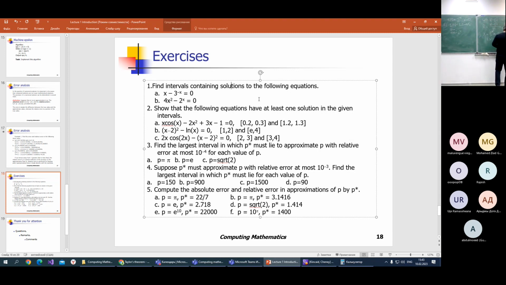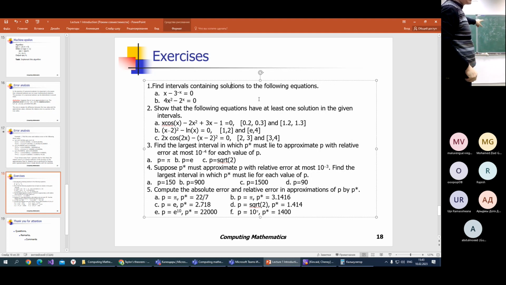If the function at this point is negative, minus, and this point plus, between these 2 points it must be the root of the equation, because the function is continuous. This is the main idea.